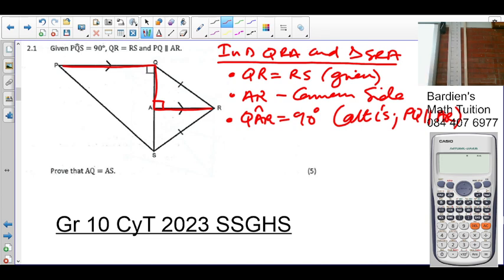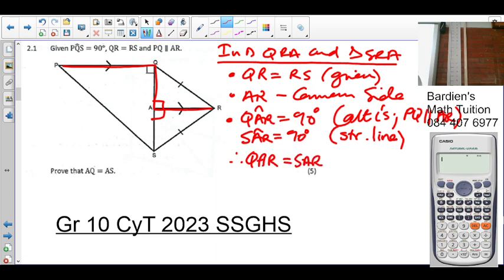However, SAR is also equal to 90. Why? Straight line. Can you see the angles on the straight line? So therefore, QAR is equal to SAR, which is equal to 90.